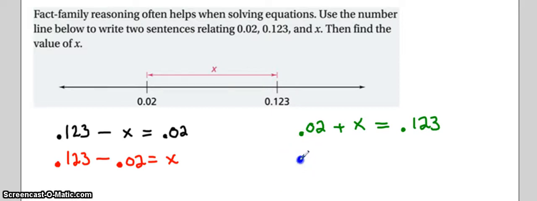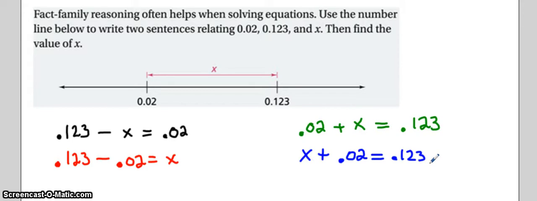And the next one would be to change the order of the addends because addition is commutative. So x plus 0.02, or 2 hundredths, would equal 123 thousandths.